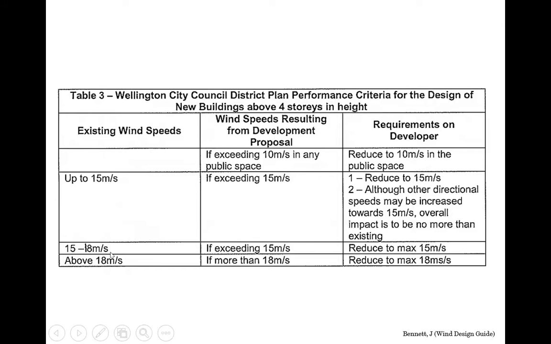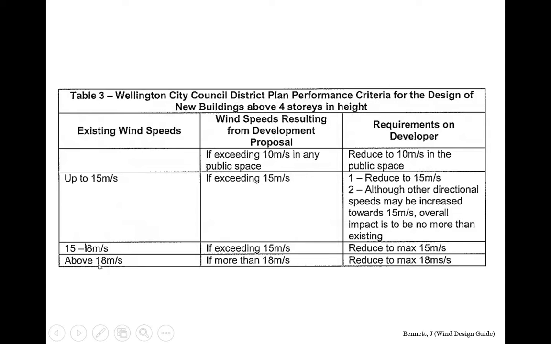And it's the same, we've got 15 to 18 here. If the existing wind speed is 15 to 18 meters per second, and your design is creating a wind exceeding 15 meters per second, you actually have to reduce it to 15 meters per second. So you actually have to make the wind velocity lower than the existing.